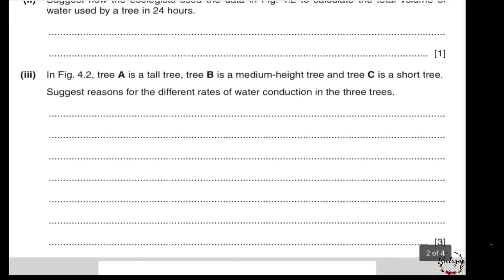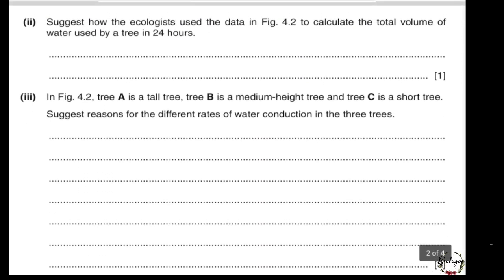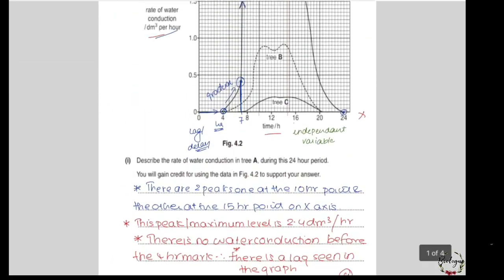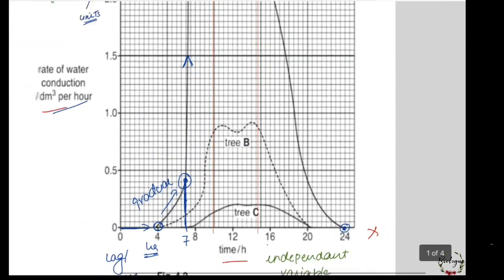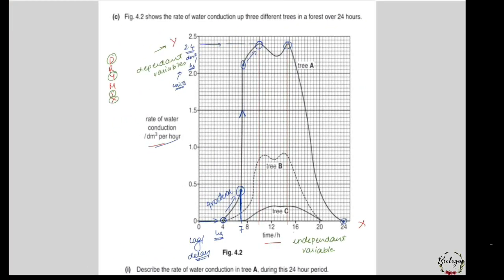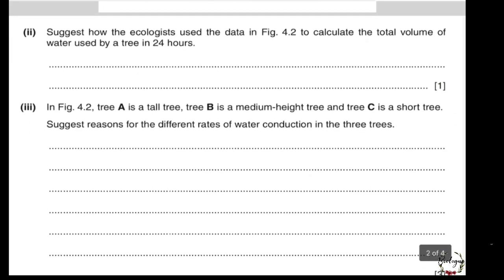That is probably the simplest way in which you can calculate the total volume of water used by a tree during the 24-hour period. So you take the volume per unit time, like per hour, and then you take it for each hour, add it all together and find the total volume for the 24-hour period.